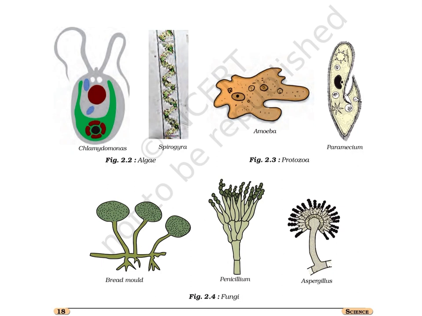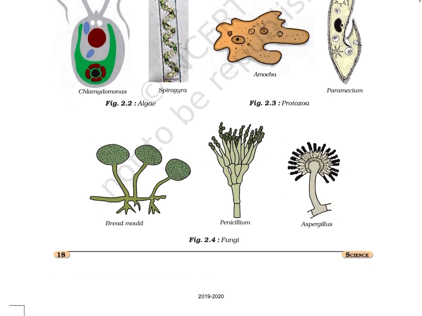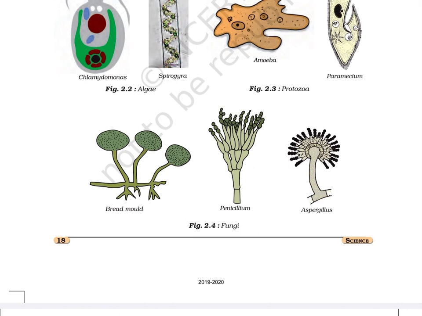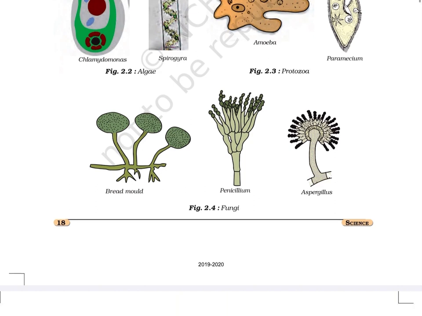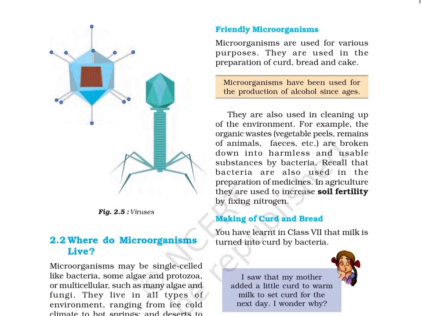Figure 2.3 shows protozoa. First one is amoeba and second is paramecium. Figure 2.4 shows fungi. The first one being bread mold, second is penicillium, and the third is aspergillus. Page 19. Figure 2.5 shows viruses.